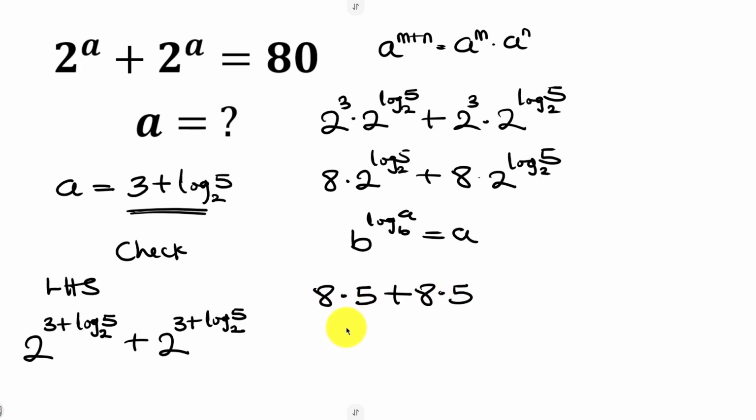So 8 times 5 is 40, plus 8 times 5 is 40. And when we add them together, we're going to be having 80 as the answer, which is equal to the right hand side. So our value for a equal to 3 plus log base 2 of 5 is actually correct.